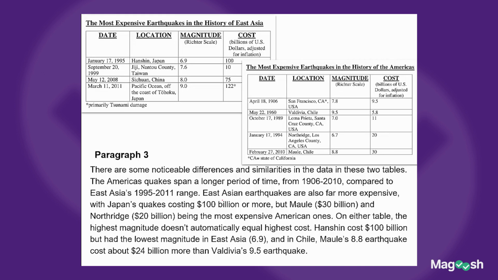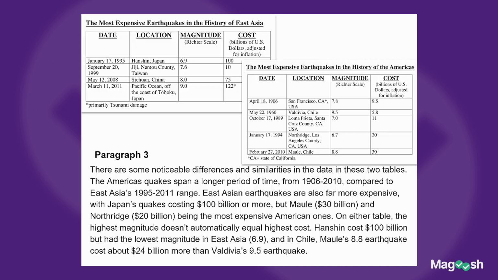Paragraph 3. There are some noticeable differences and similarities in the data in these two tables. The Americas quakes span a longer period of time, from 1906 to 2010, compared to East Asia's 1995 to 2011 range.